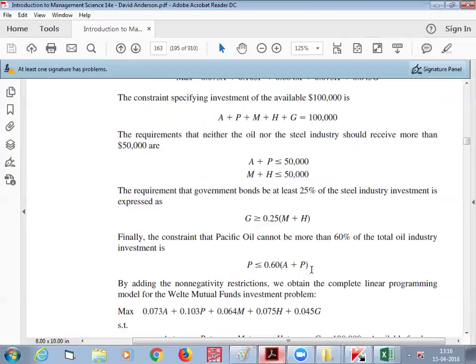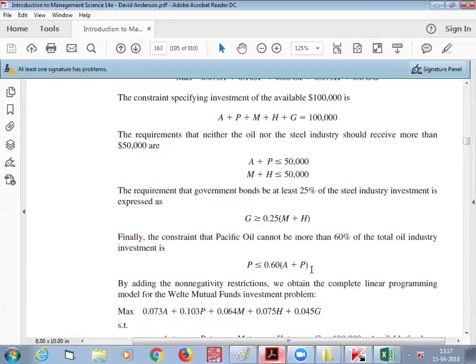So G should be greater than or equal to 0.25 times the steel industry investment, M plus H. And finally, Pacific Oil cannot be more than 60% of total oil industry investment. So P should be less than or equal to 60% of A plus P.